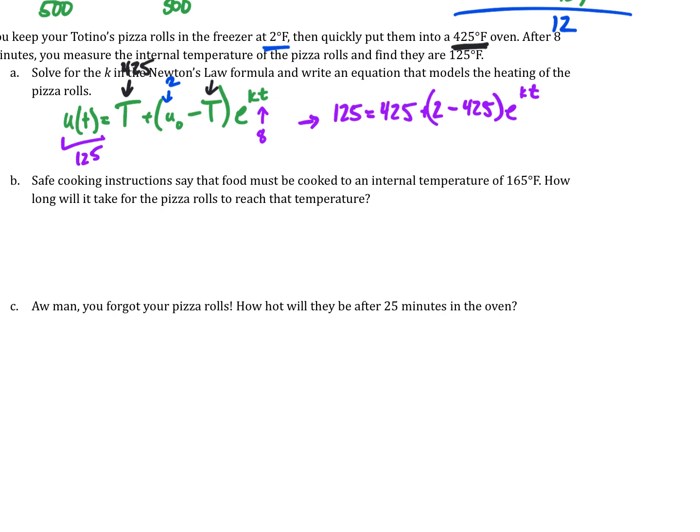So we have to subtract the 425. I get negative 300 equals, and then this part right here I'm going to write as negative 423 e to the kt. Oh, I know what t is though, sorry. I need to have an 8 here.